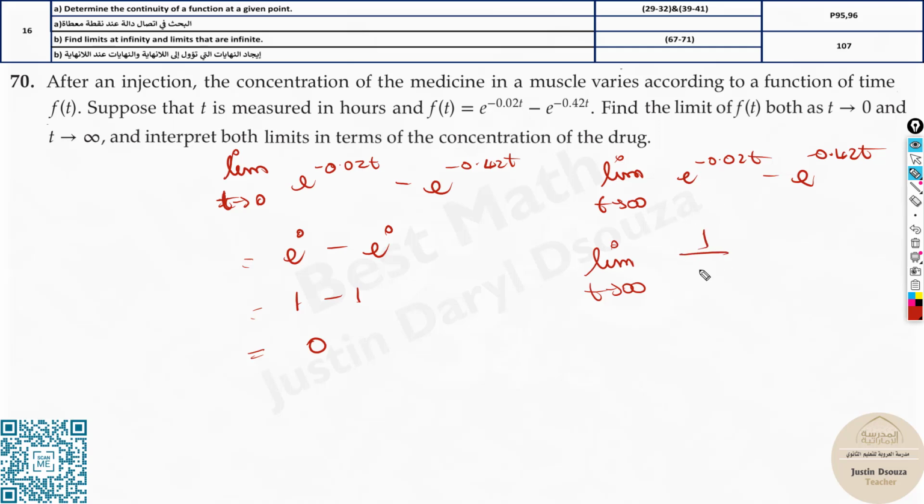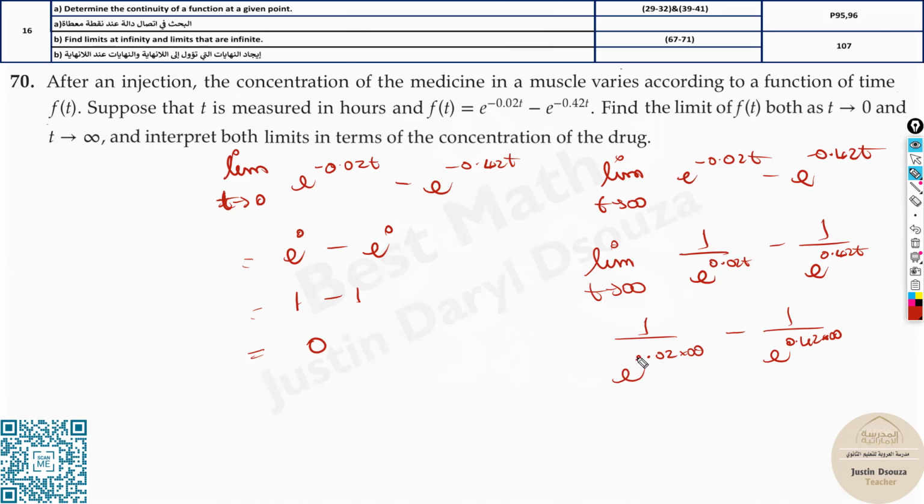I will take this down. 1 by e to the power positive 0.02t minus 1 by e to the power 0.42t. Now let's substitute the limits. It'll be 1 divided by e to the power 0.02 multiplied by infinity minus 1 divided by e to the power 0.42 multiplied by infinity.